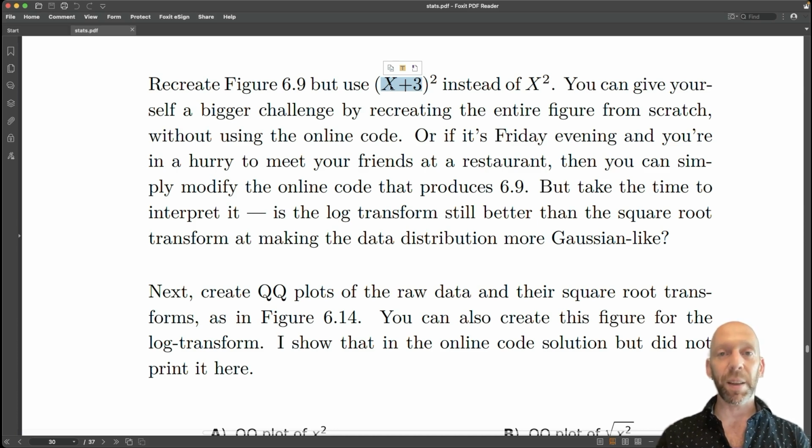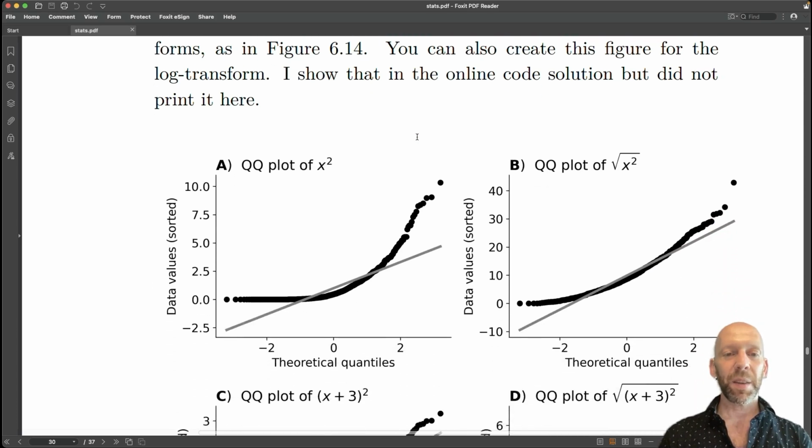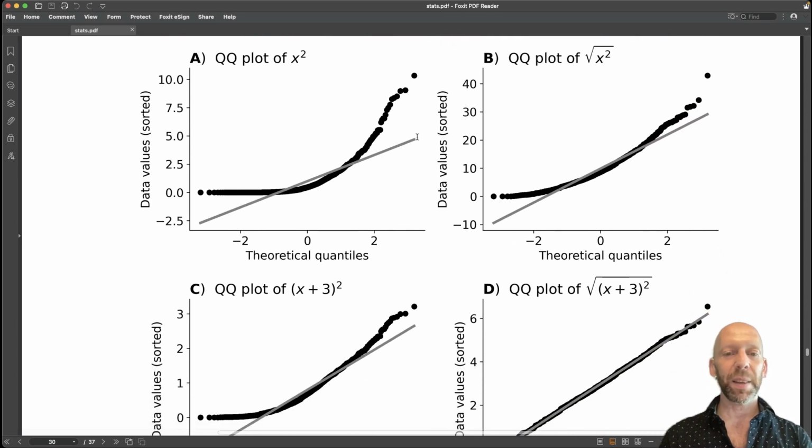First is a linear transformation where we are just shifting all the data by 3, and then a square transformation, so a nonlinear transformation. And now the question is, which of these two transformations, natural log or square root, will get these data closer to a normal distribution? What I want you to do is create some QQ plots, which you see here.